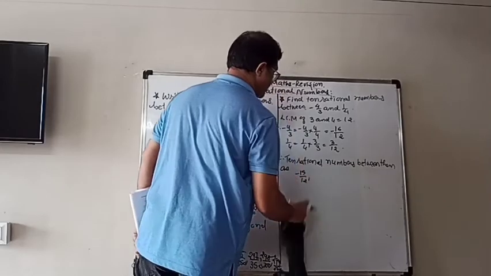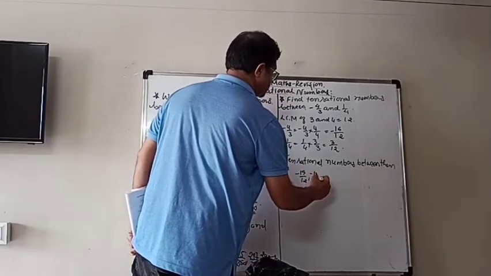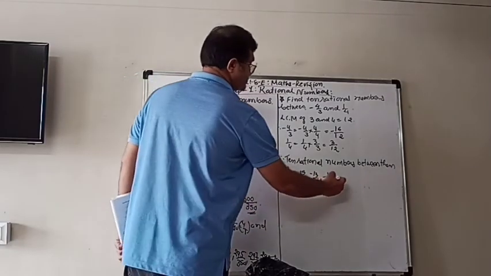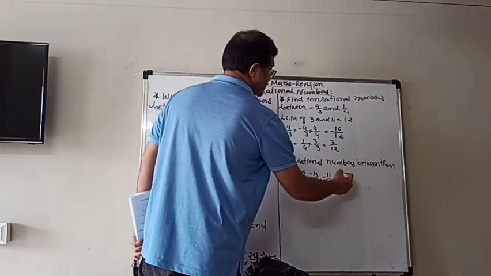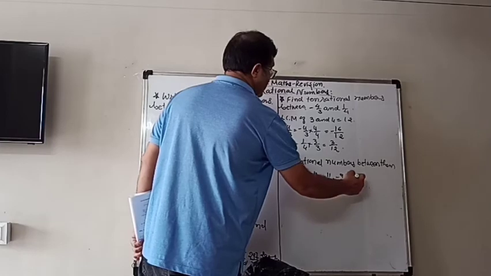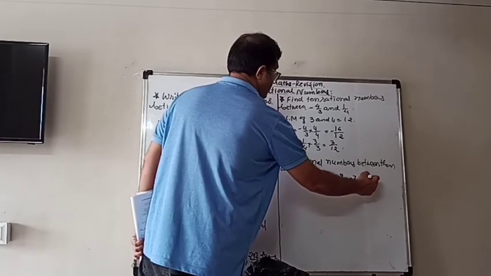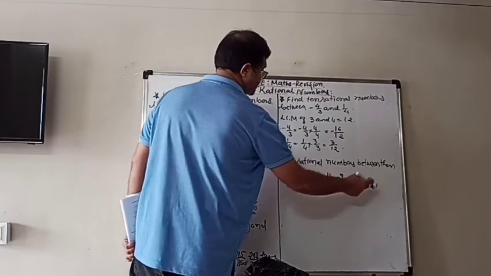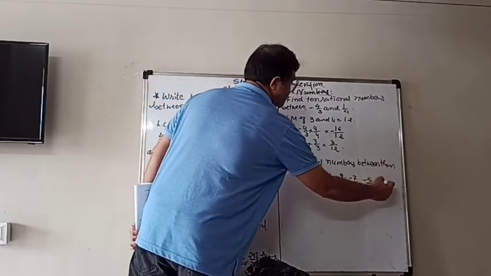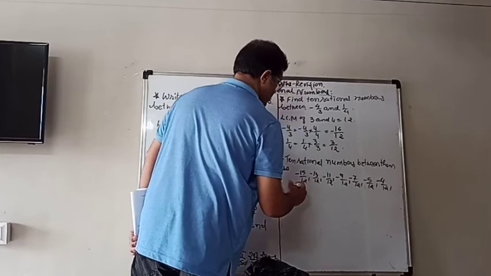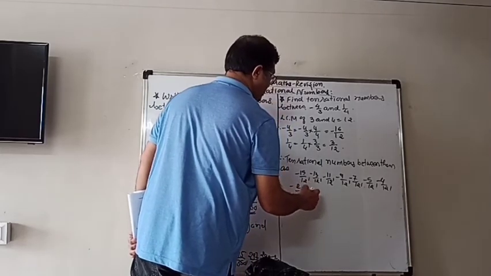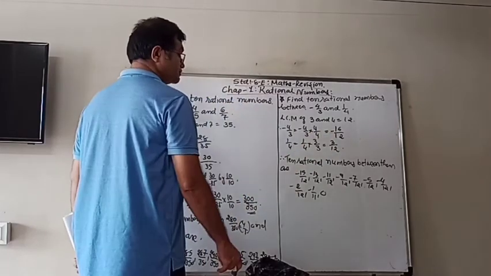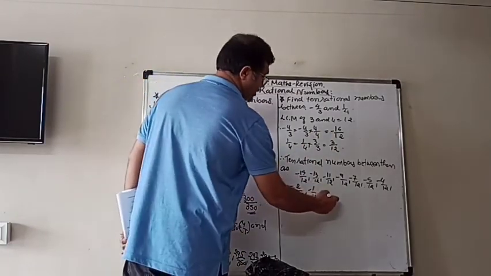So minus 15 upon 12, minus 13 upon 12, minus 11 upon 12, minus 9 upon 12, minus 7 upon 12, minus 5 upon 12, minus 4 upon 12, minus 2 upon 12, minus 1 upon 12, 0 also you can take, because it is also between them, 0 upon 12.